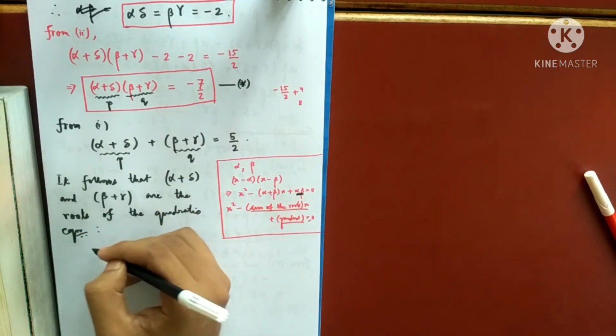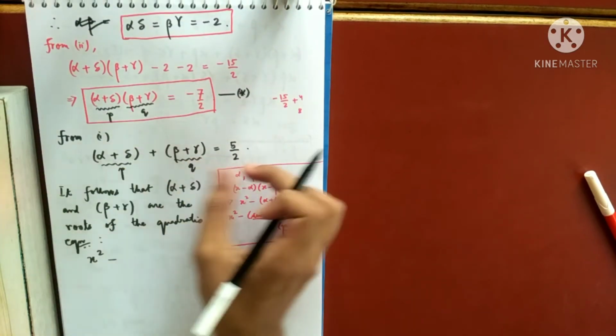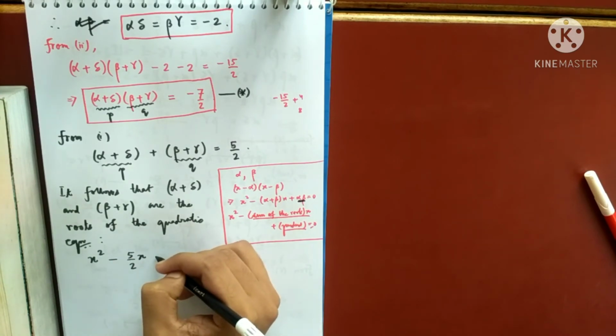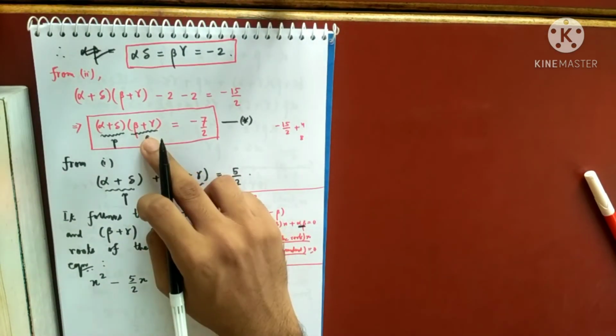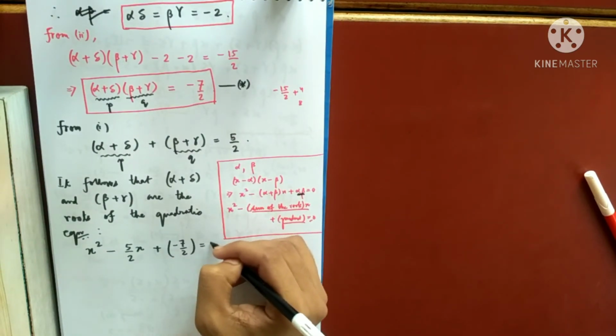Which quadratic equation? x square minus (P plus Q) x plus product of the roots. What is P plus Q? 5 by 2. What is the product of the roots? Minus 7 by 2, equals 0.